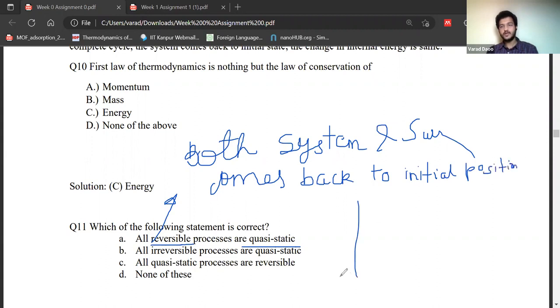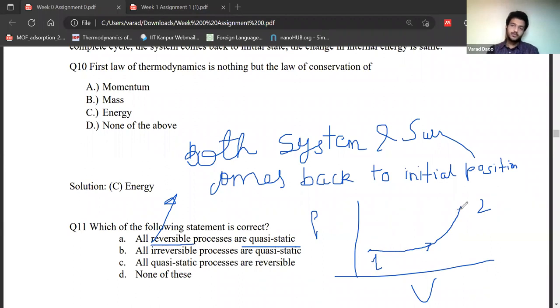That means if we were to draw it on a thermodynamic diagram, let's say P and V, this is the initial position, this is the final position, and if we go from here to here like this, then a reversible process would be able to retrace this path. Again, thermodynamically, in a reversible process, if this is the initial path, we can trace back the exact same path. So such processes are called reversible processes.